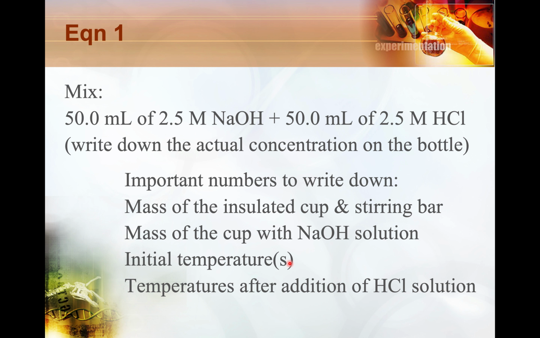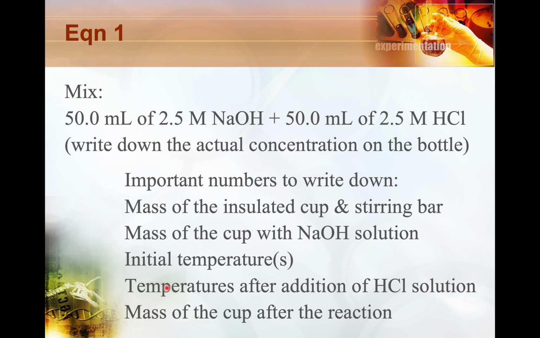Then you'll add the next solution. In this case, you'll add the hydrochloric acid solution, and then you'll start measuring the temperature after that addition. Remember, we want this to mix well and react quickly so we can see that temperature as soon as possible. And we're going to monitor the temperature over time so that we can get as much data as we can.